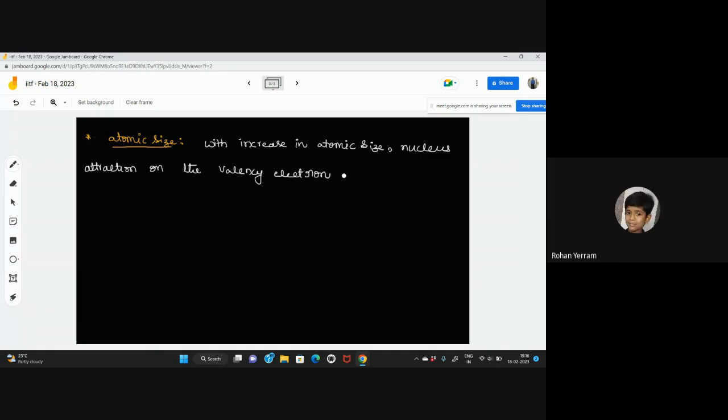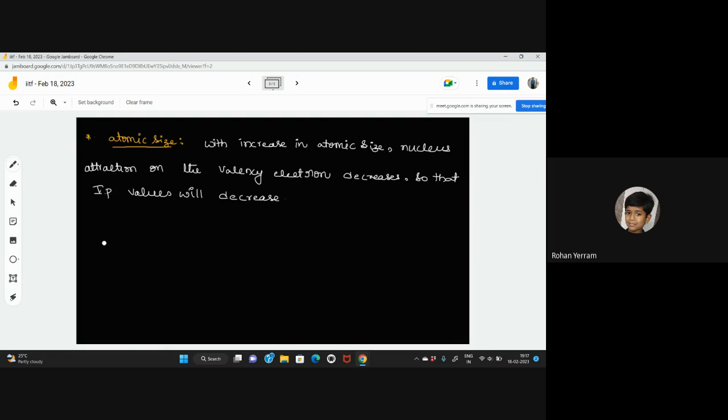Decreases, sir. So that IP values will decrease. Very good. That means IP and atomic size are inversely proportional. Can I say like that? Yes, sir.